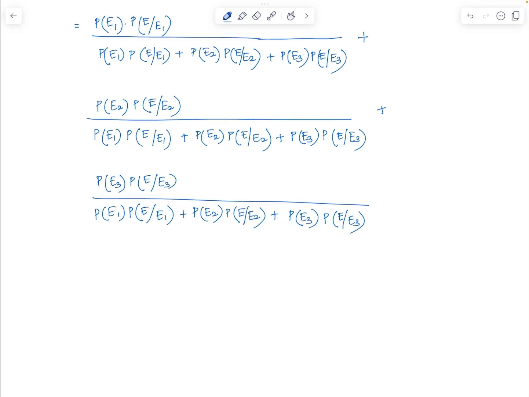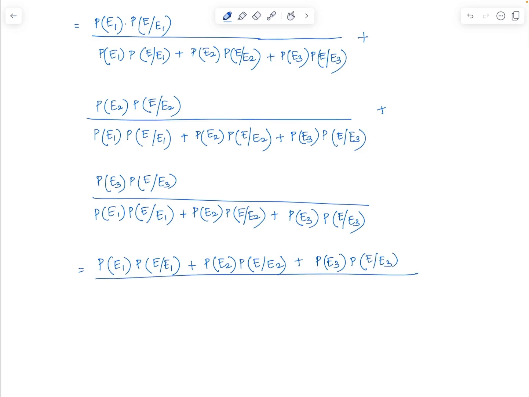The denominators are same in all the three terms. So if we sum it up, we get P of E1 times P of E given E1 plus P of E2 times P of E given E2 plus P of E3 times P of E given E3 by the denominator P of E1 into P of E given E1 plus P of E2 into P of E given E2 plus P of E3 into P of E given E3.